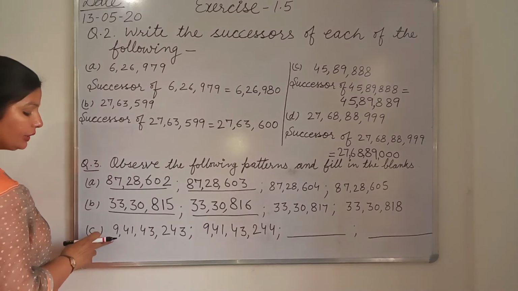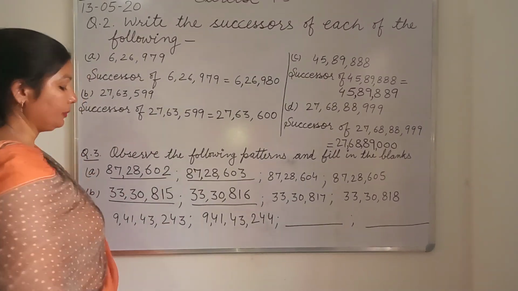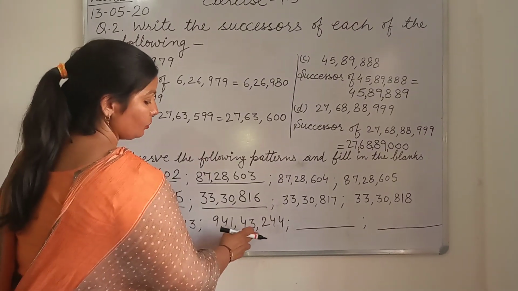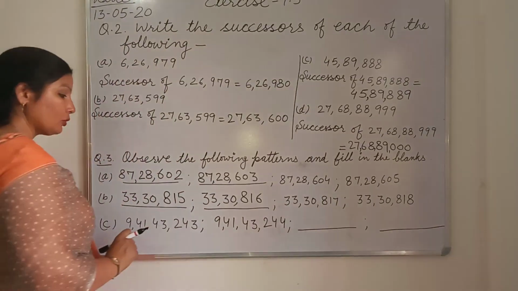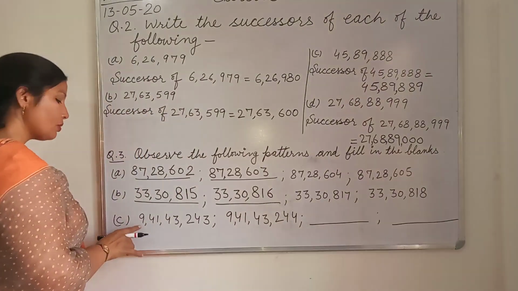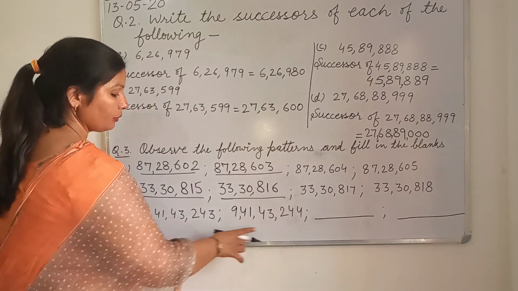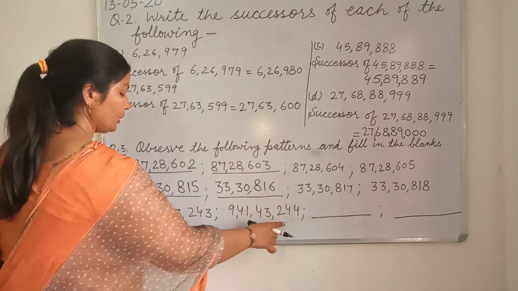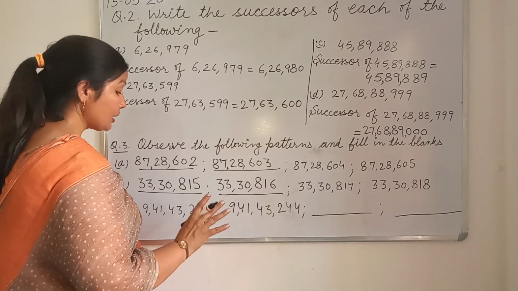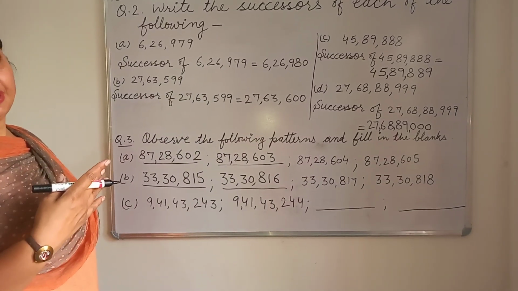Okay. Now next C part. Here is given 9 crore 41 lakhs 43,243. Now see the next number. 9 crore 41 lakhs 43,244. So we will compare them both. Then next we have to fill. Okay. So 9 crore. 41 lakhs, 41 lakhs. 43,000, 43,000. 200, 200. Now here is 4, 4. Now there is 3 and then 4. That means here is also an addition of 1, a difference of 1.